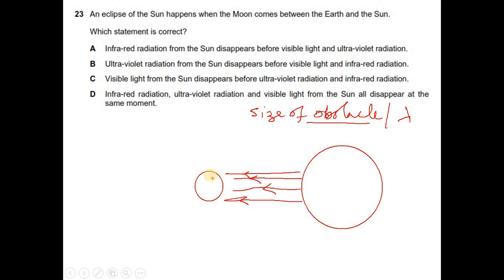So you see that the size of the moon is much greater than the wavelength of all the radiation discussed in the question: ultraviolet, infrared, and the visible light. So the size of the obstacle is greater than these, so all the lights are stopped at the same time. That means your option should be D. It's all because the wavelength is much smaller than the size of the moon. That's why all the radiations are stopped.